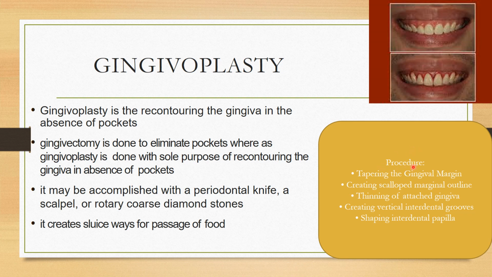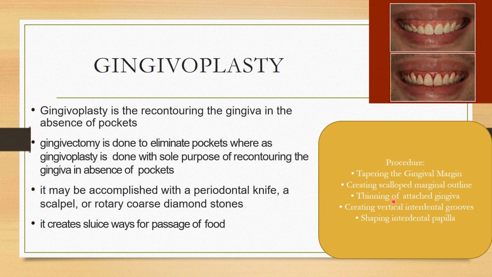So you can see that the procedure will be done. There is a tapering of the gingival margin, especially thinning of the gingival margin. Blunt, thickened margins will be smoothened and merged with the tooth surface, also creating the scalloped marginal outline. So tapering the gingival margin, scalloping the marginal outline, and obviously thinning of attached gingiva.